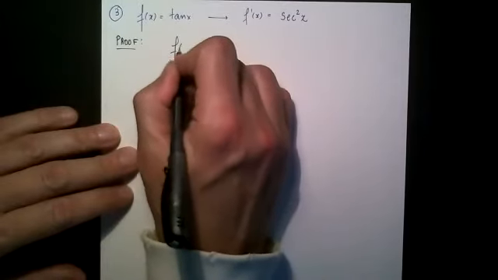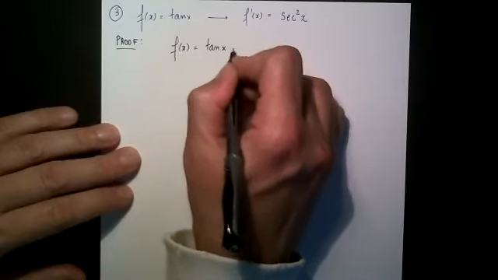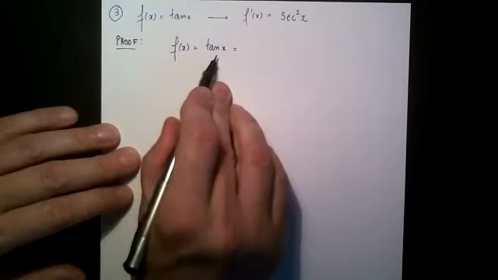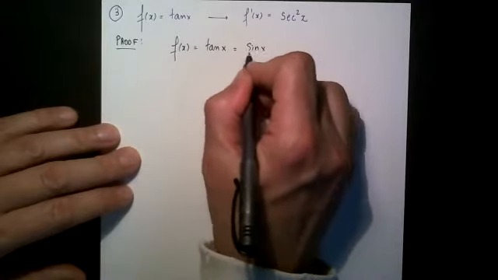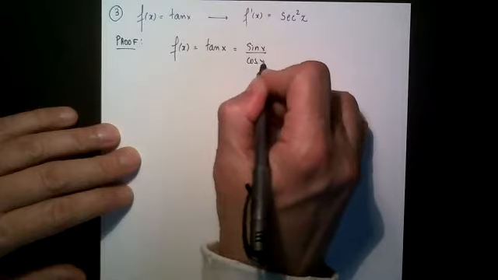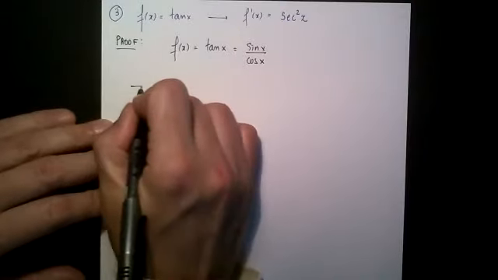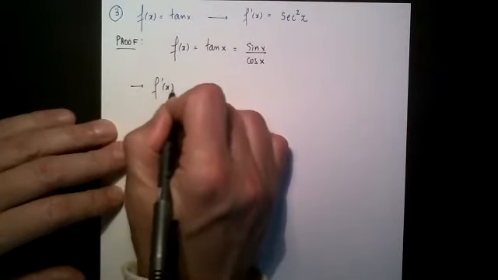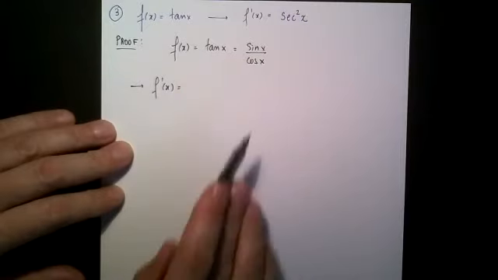Okay, so let's go. f of x is equal to tangent. But tangent, we know it's sine over cos. All right, so for f prime, I can now use the quotient rule, right? Because it's a division.